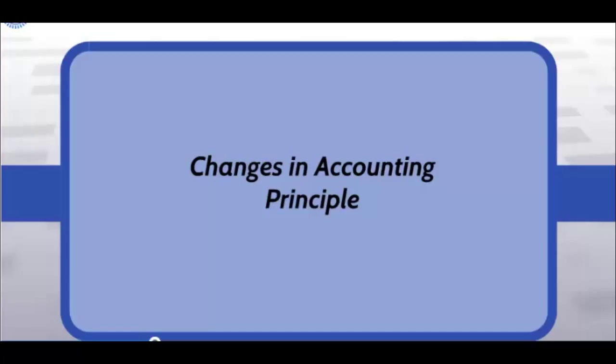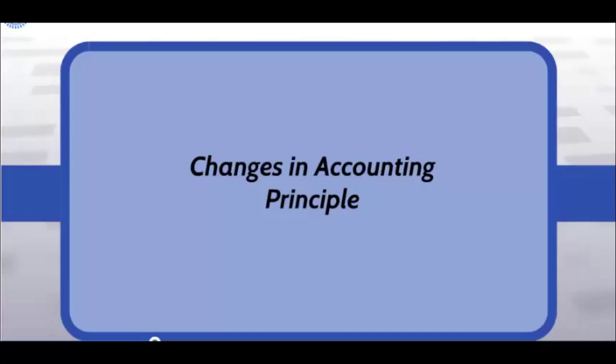Well, because it's a change of an entire accounting principle, you're going to have to figure out what would have happened if you had been doing this from the start of your inventory or whenever you started with that accounting principle.